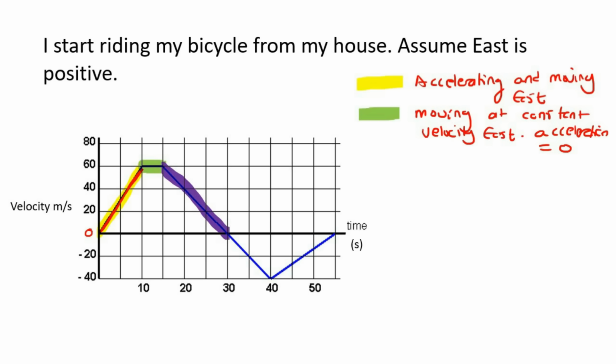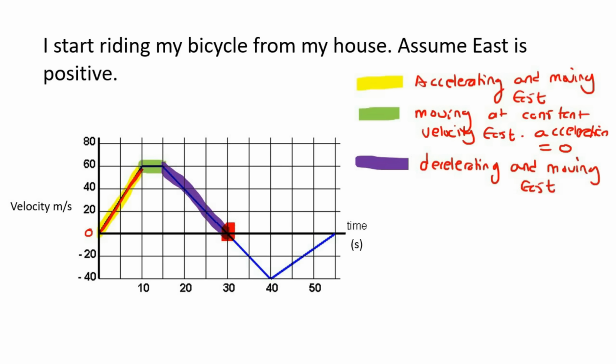So all that's happening is the person is just slowing down. Think about yourself riding a bicycle. If you start pulling your brakes, you're still going to go in the same direction, but you're just slowing down. So for that part, we could say we are decelerating now because our velocity is slowing down, but we're still moving east.